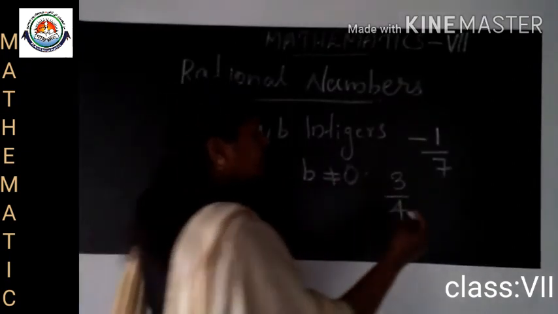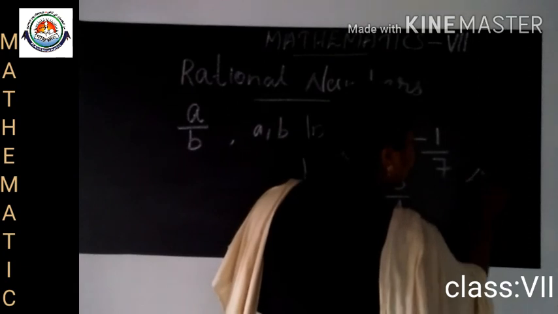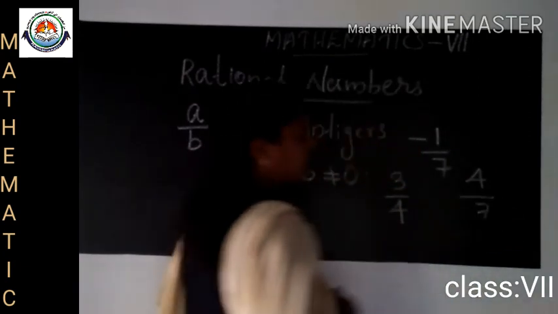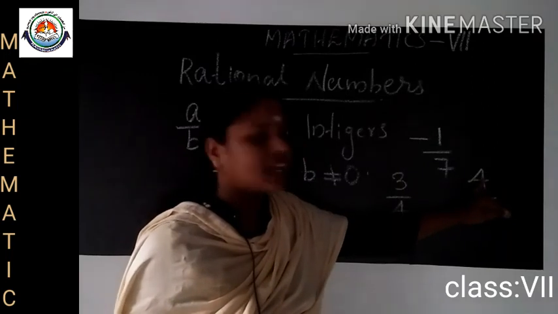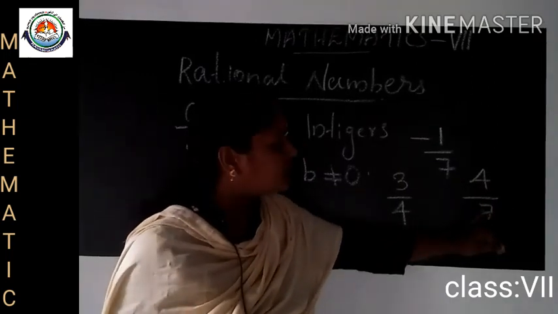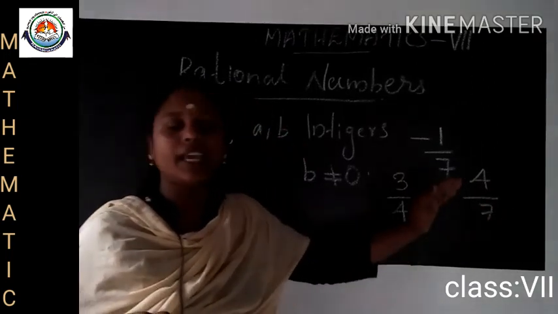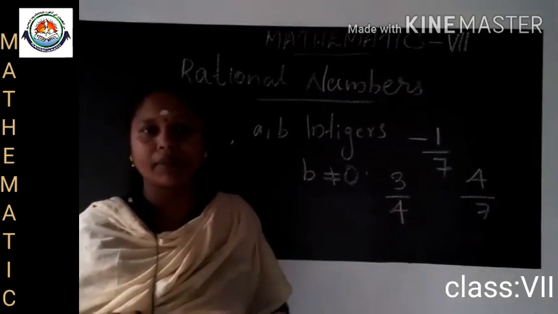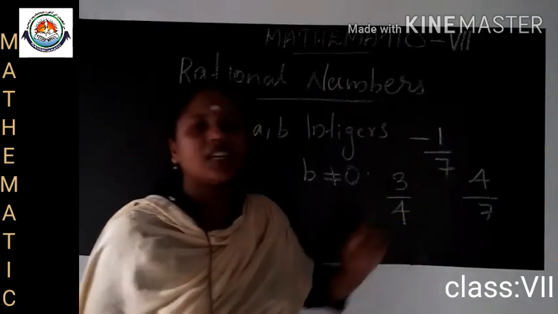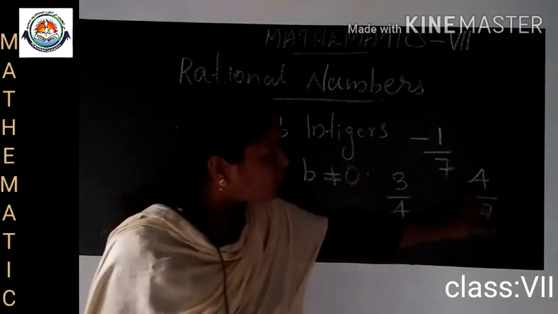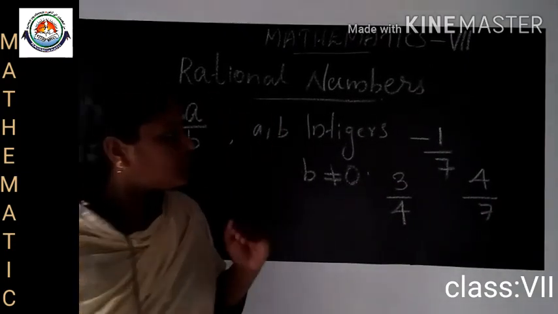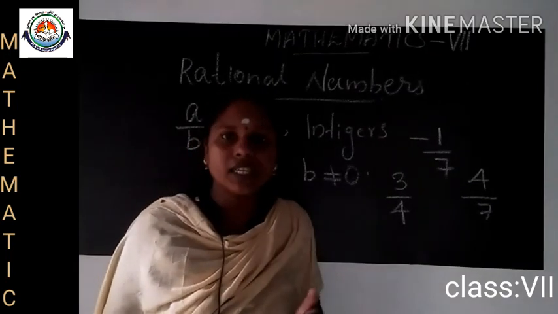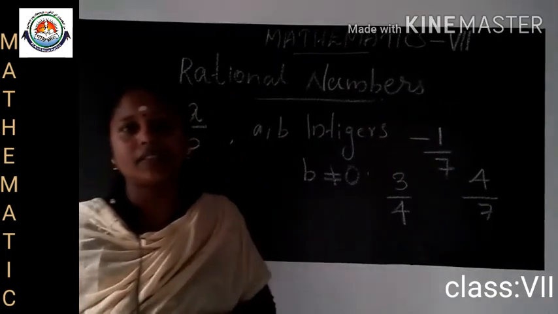Then 4 by 7. It is a fraction because we can express it in the form of A by B, and A and B are natural numbers. And it is a rational number also because 4 and 7 are integers also. So we can say that all fractions are rational numbers.